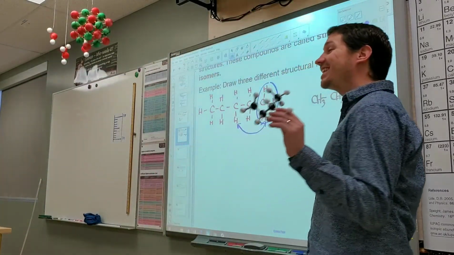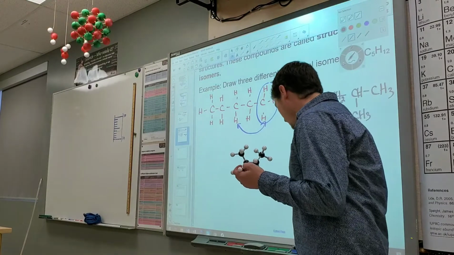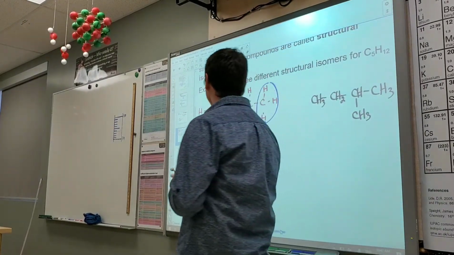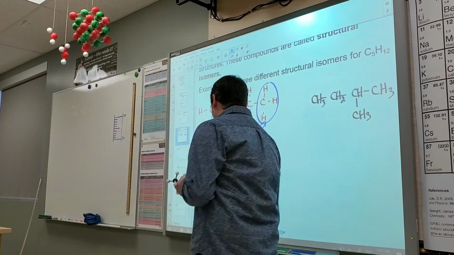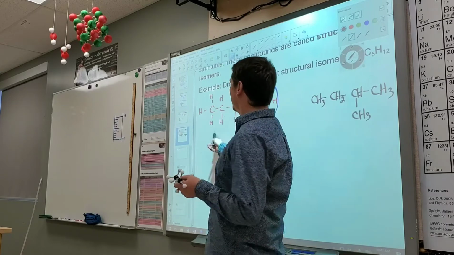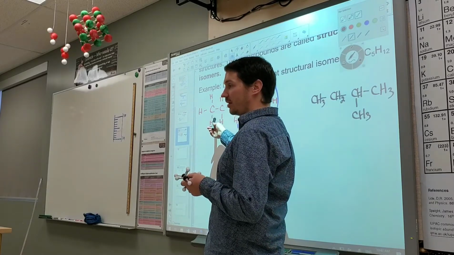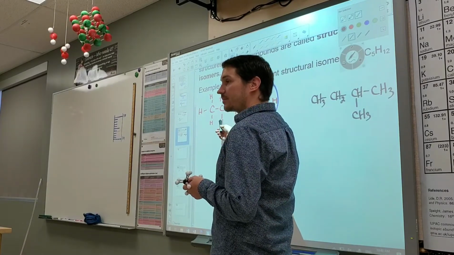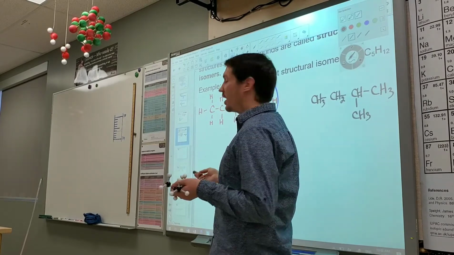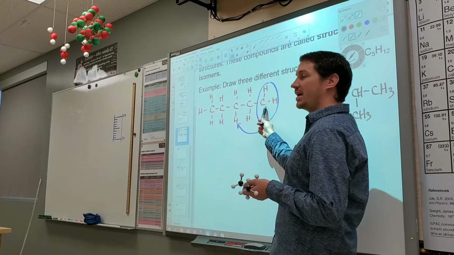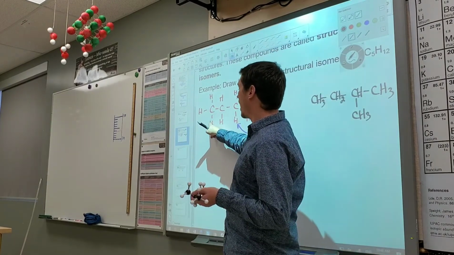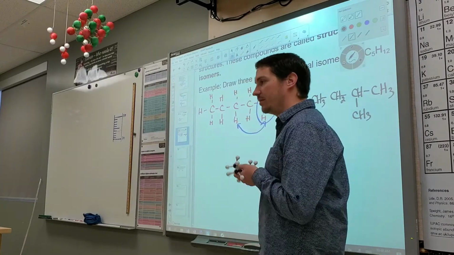Let's see. Let's think about this. Could I have taken that carbon and attached it to the very first carbon in my chain? Is that a possibility? Could I have taken that last carbon in the chain and pulled it out and swapped it for one of the hydrogens that's attached to the first carbon?